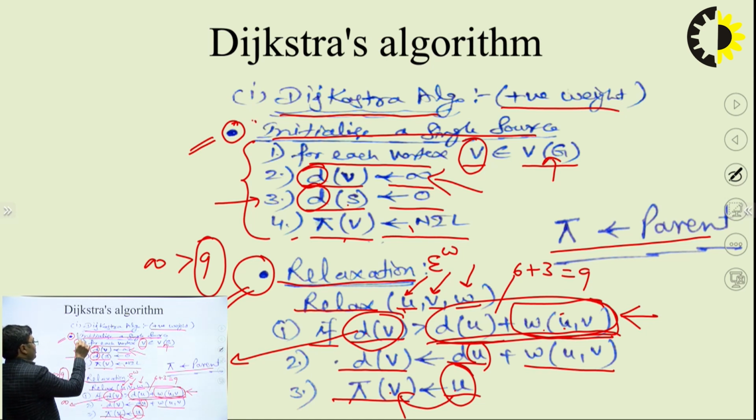From the source node we start, and for each node we reach we relax there and compute the minimum value for reaching it.